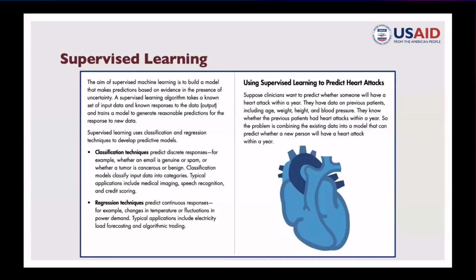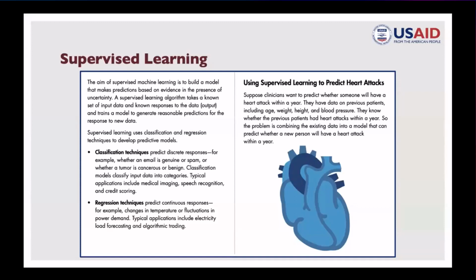If our desired output and the given data set is in a form of categorical data, like for example, if an email is genuine or spam, or if a tumor is cancerous or benign, these are actually categorical in nature. If that's the case, then we use classification techniques.